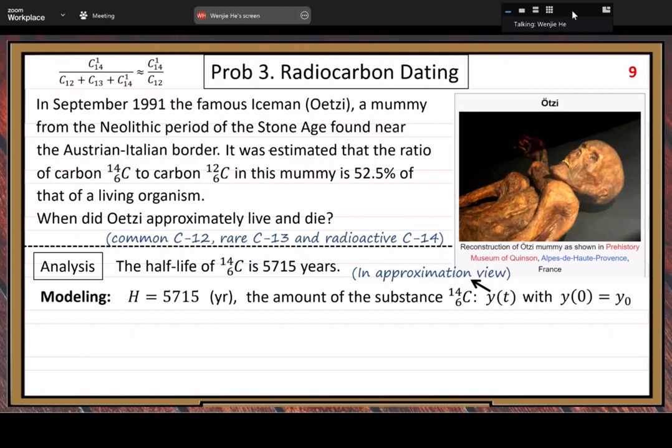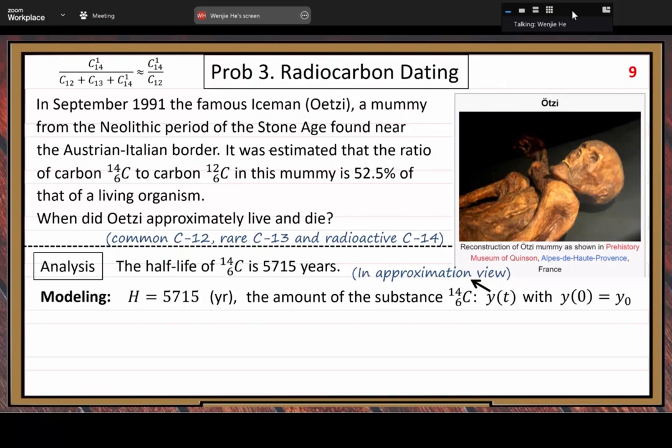Although it is the ratio of carbon-14 over total carbon, in the denominator C13 is rare, very small, so we throw it away. Carbon-14 compared with common carbon-12 is also very small.